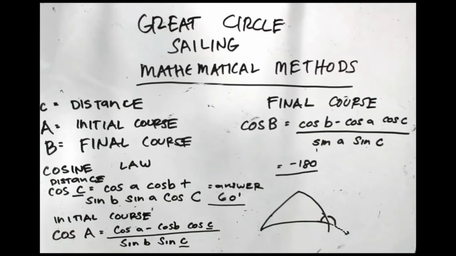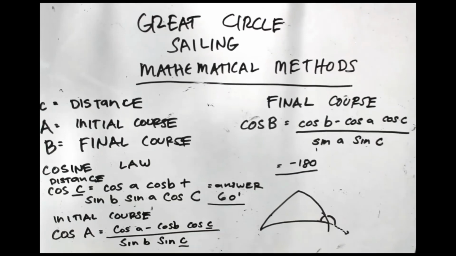And that is the first part of the mathematical method for the great circle sailing. Ito yung first na component. And later on, I will be teaching you also using the Napier's rule. Okay? How to calculate using Napier's rule for solving for the vertex. And I will explain also a tutorial about the vertex later on, no? Para madagdagan yung mga knowledge natin. So, this is the mathematical solution for great circle sailing.